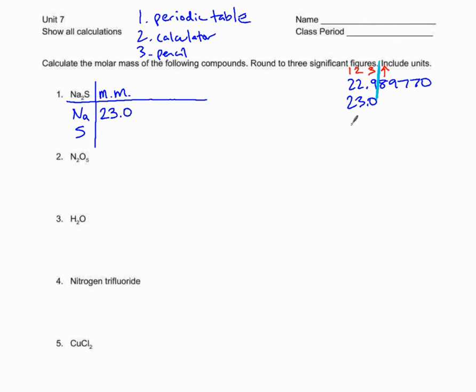Sulfur, same idea, 32.066. We want three significant figures, so 1, 2, 3, and we need to round it off here. And we have to look at this next digit, this 6, to tell us round up or down. 6, of course, rounding rules says round up, and so 32.1.